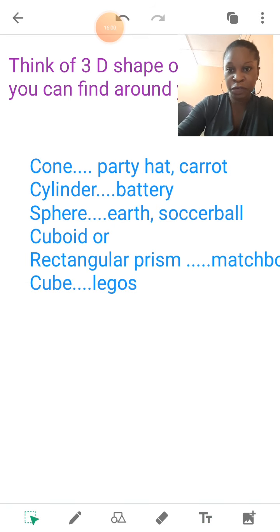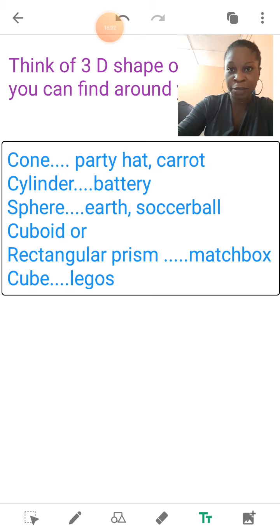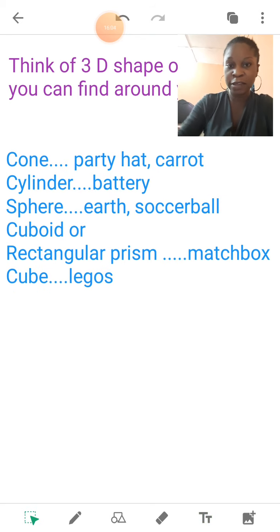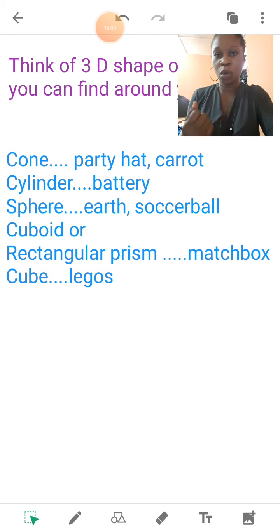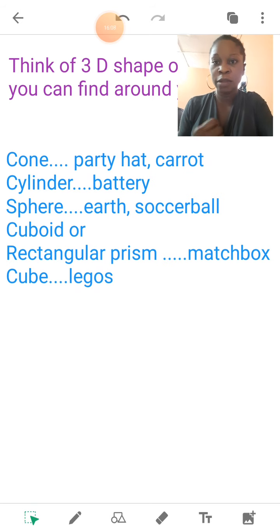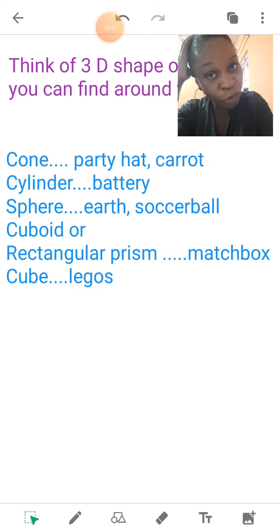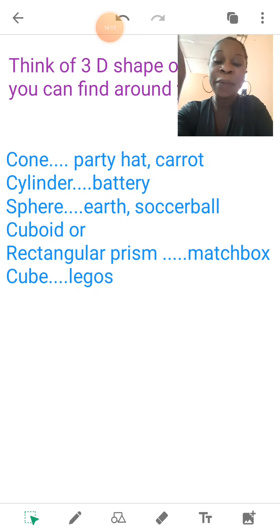So I've given you a list of items that fall under the 3D shapes. I've talked about the cone, the cylinder, the sphere, the cube, and also the rectangular prism, which is also called the cuboid. For your work today on the shapes, should we do 2D or 3D? Yes, we're going to do both.